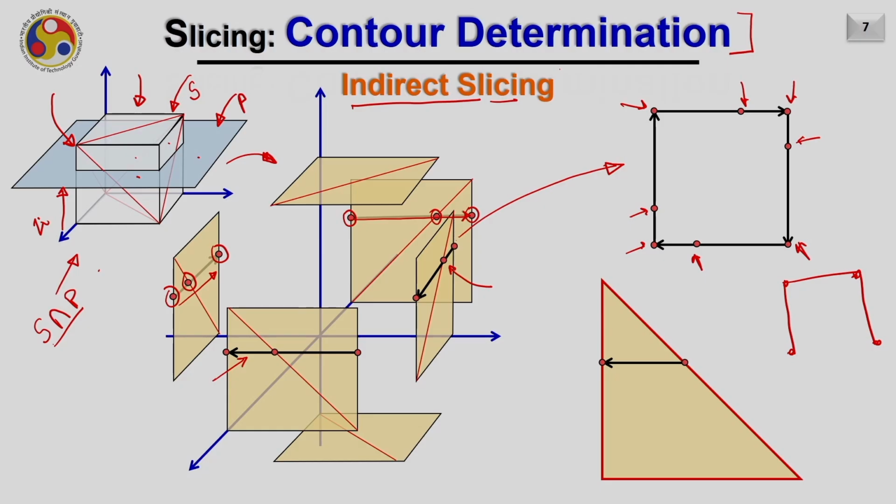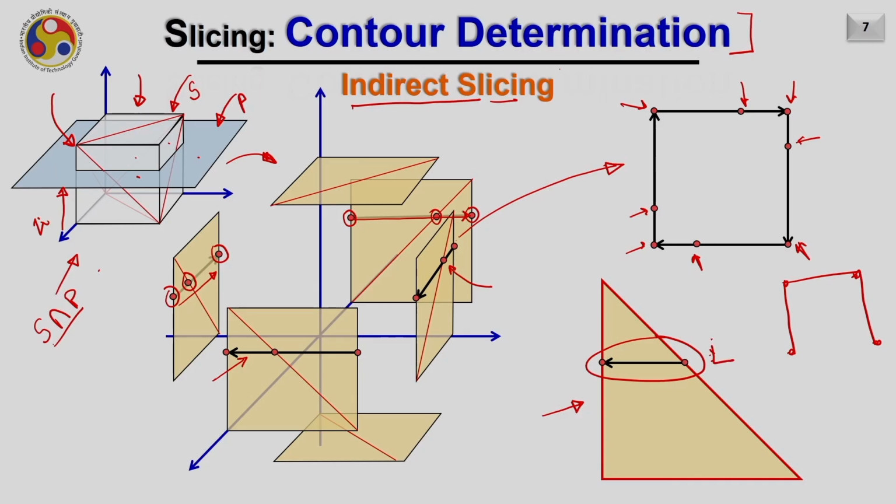In other words, I can say the slicing methodology, particularly the indirect slicing methodology, is nothing but the intersection between the lines and the triangles. The line means the line corresponding to the plane, because these are horizontal planes. We are discussing only uniform slicing.